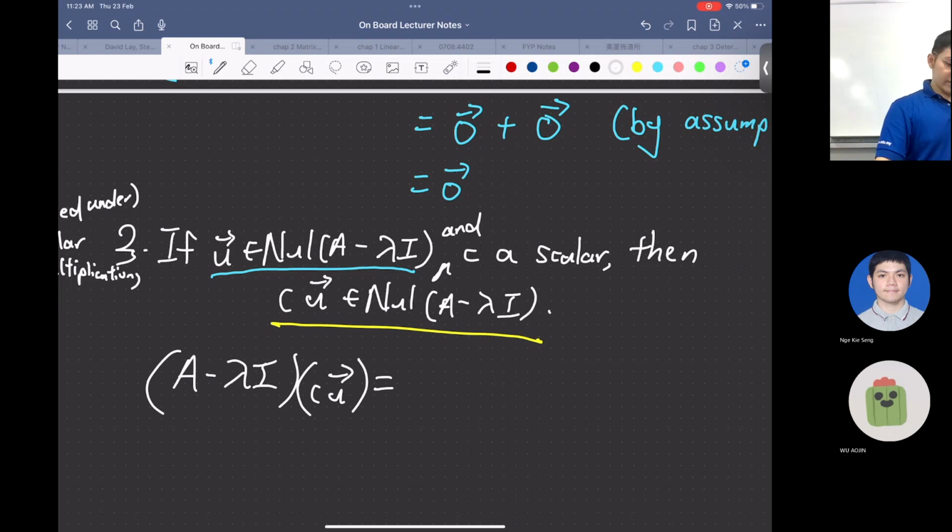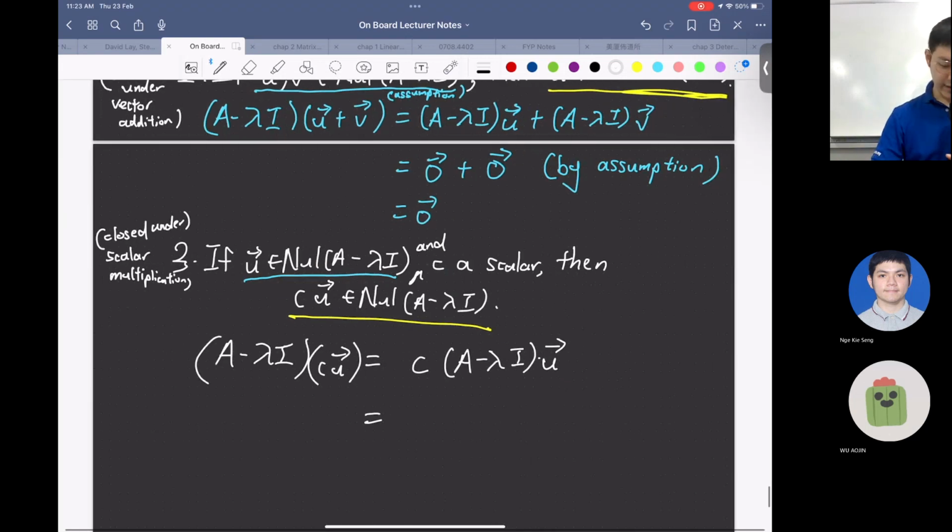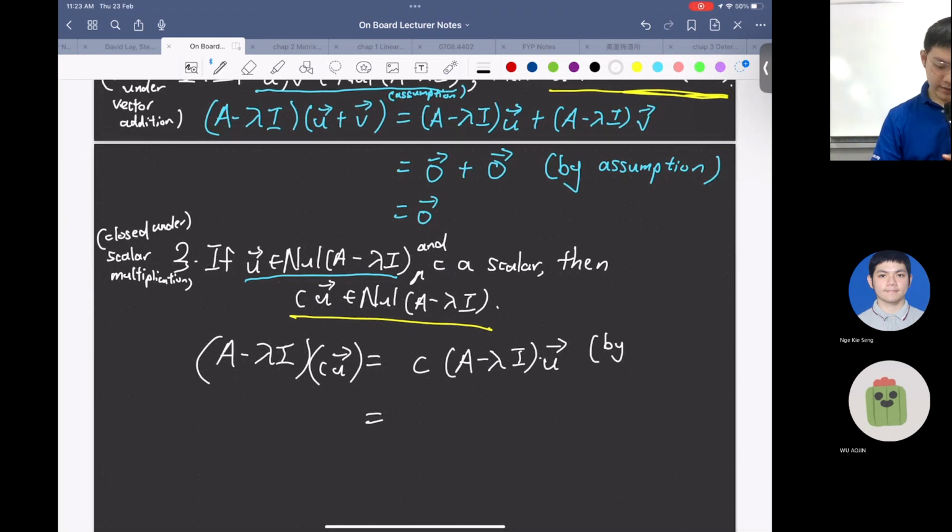We have to use a matrix multiplication property to pull the scalar up. You can pull the scalar all the way up from the matrix, so that you can multiply your matrix on your vector. So this is by linearity of matrix multiplication.